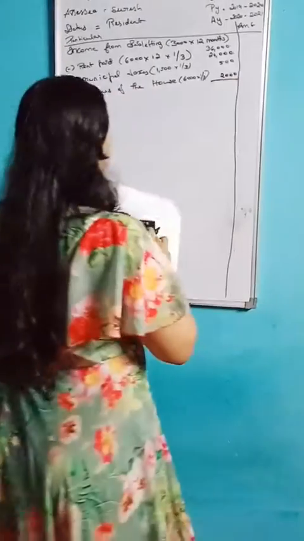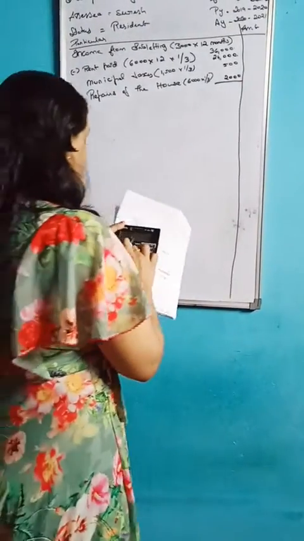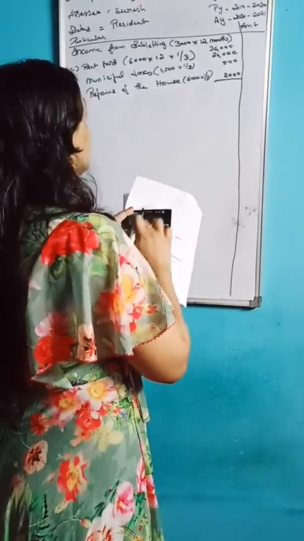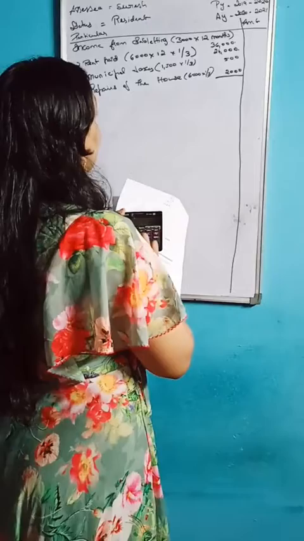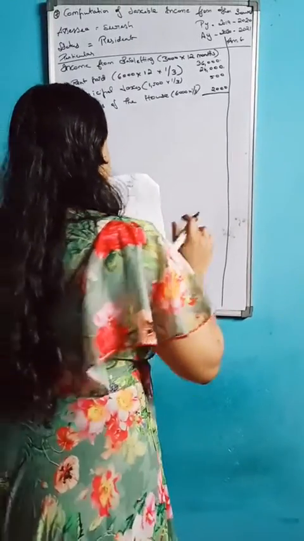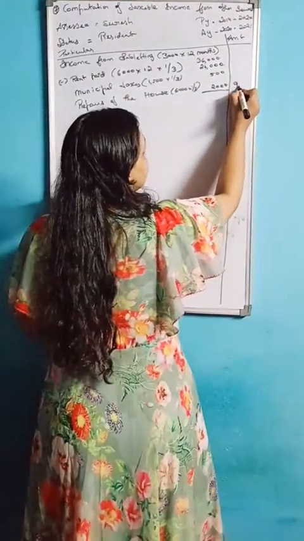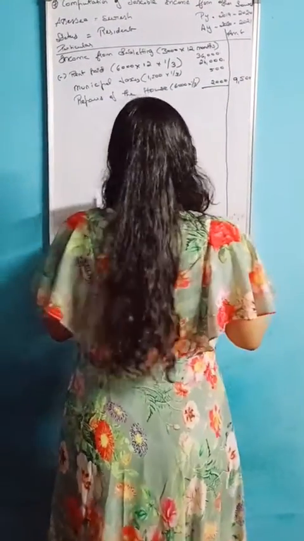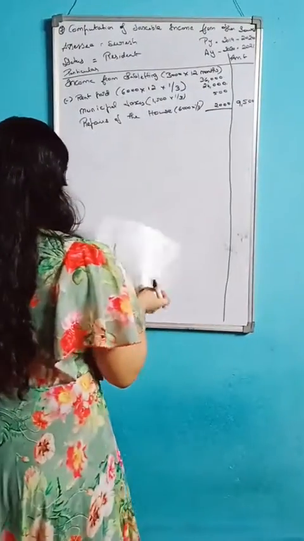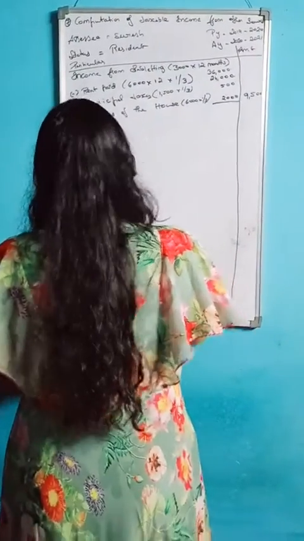How much will you get? From 36,000 minus 24,000 minus 500 minus 2,000, after calculating you will get 9,500. So the first point is over.